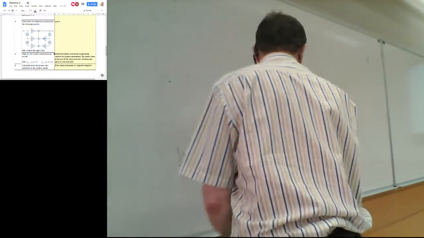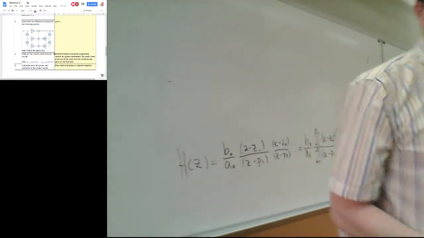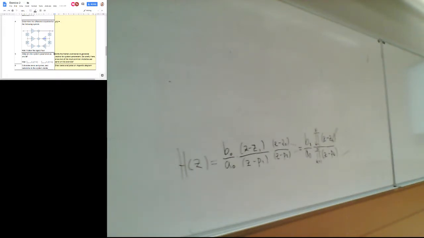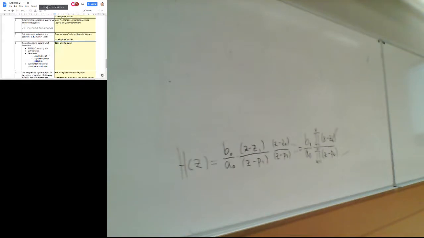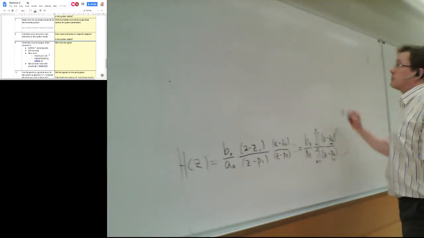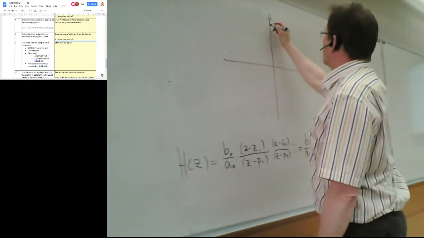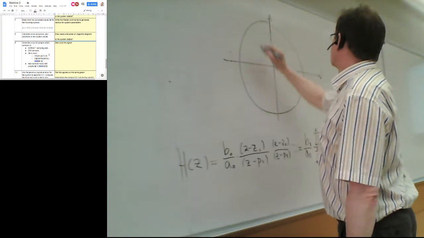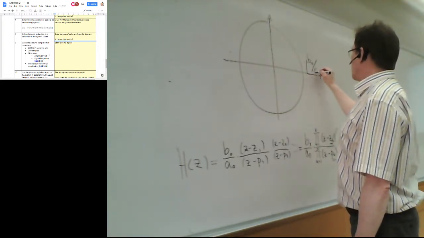Okay, I think what we can do at least is to plot the zero-pole plot. Yes, zeros and poles. So if you start plotting, you would do the Argand diagram with gain b0 divided by a0.